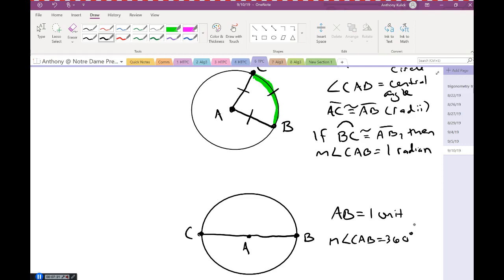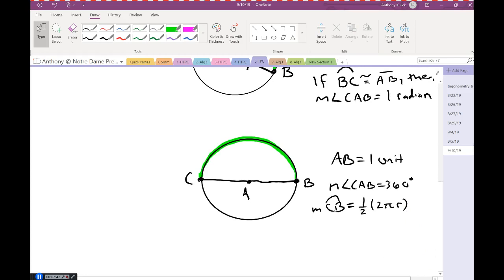And I know then that the length of arc CB is going to be 1/2 of 2 pi r. Remember that 2 pi r is the formula for the circumference of a circle. And that green part, the arc CB, is exactly half of the circumference of our circle.